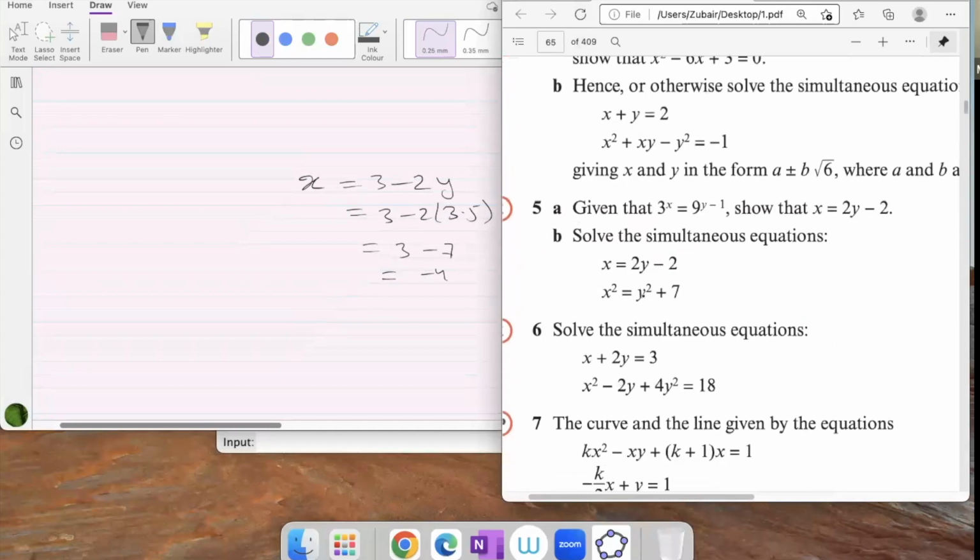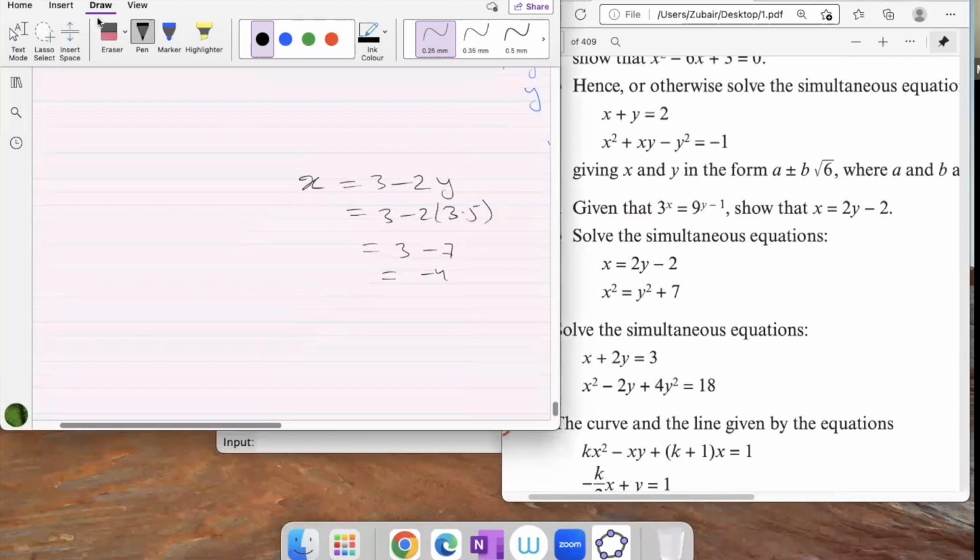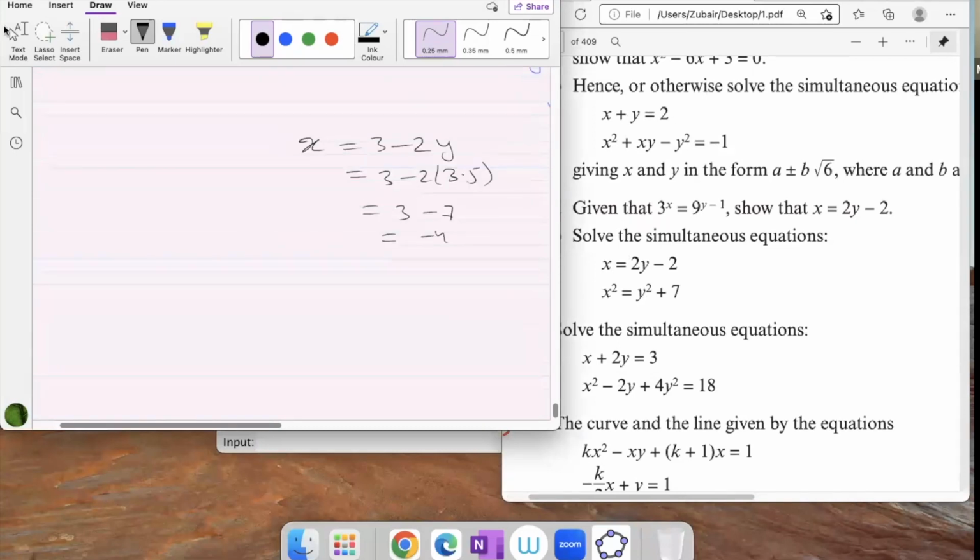Question number 5. It says, given that 3 to the power x equals this, show that this. Okay, this is a little different. Let's do this. Three raised to the power x equals 9 raised to the power y minus 1. It says show that x equals 2y minus 2.